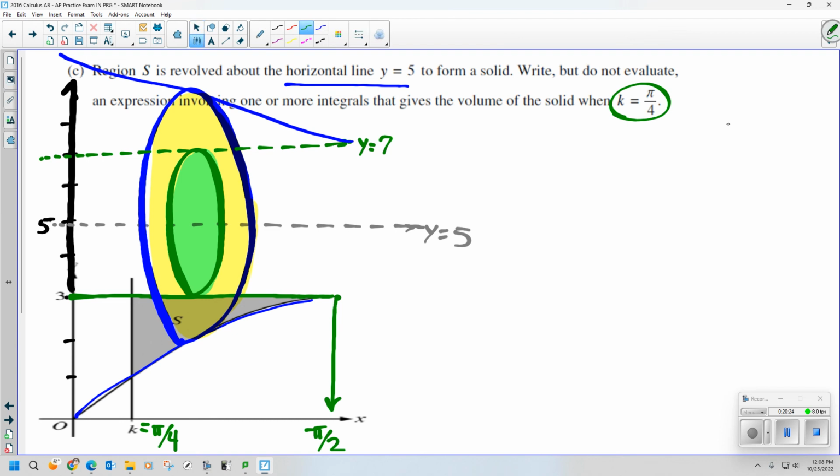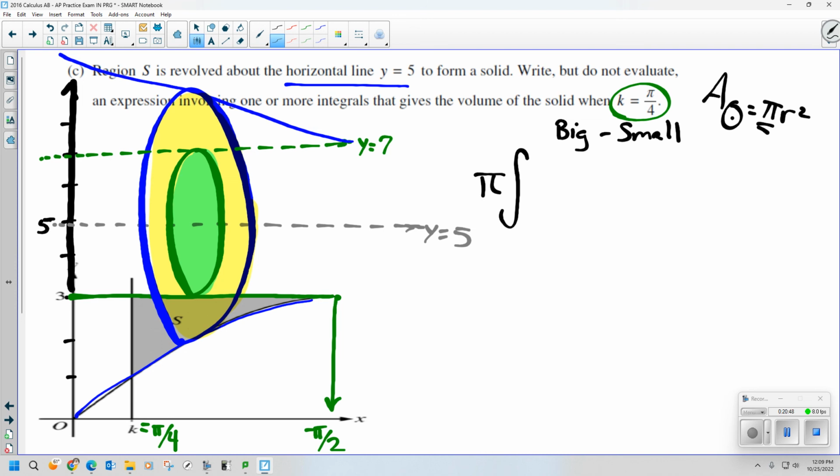So here we go. And it is always, if we're integrating, the bigger minus the smaller. Okay? These are circles. The area of a circle is pi r squared. All right? Pi is a constant, so I'm just going to throw any constant on the outside of my integral.